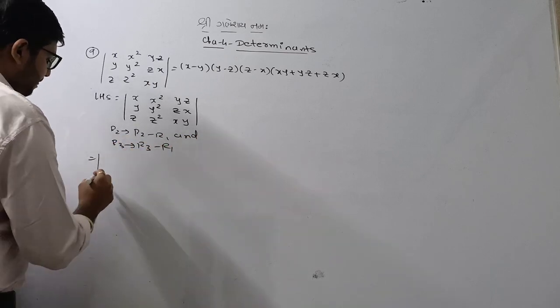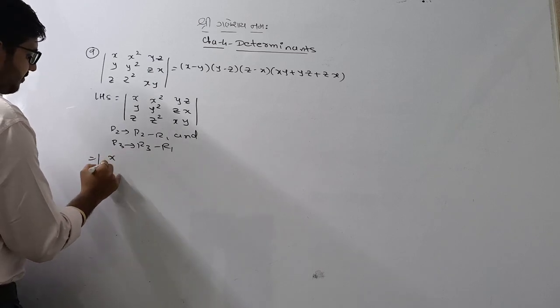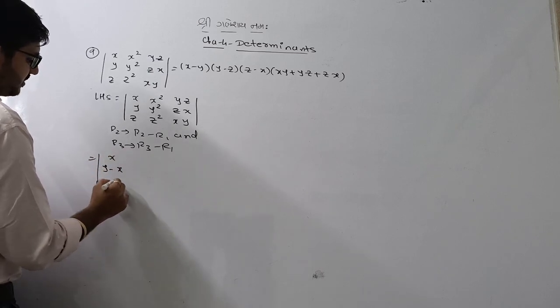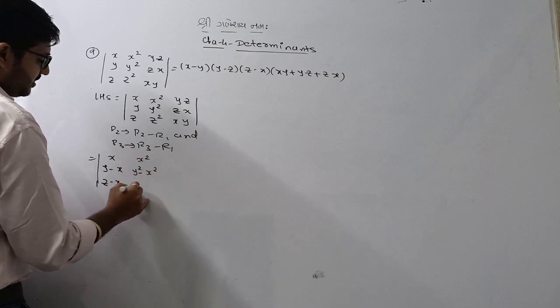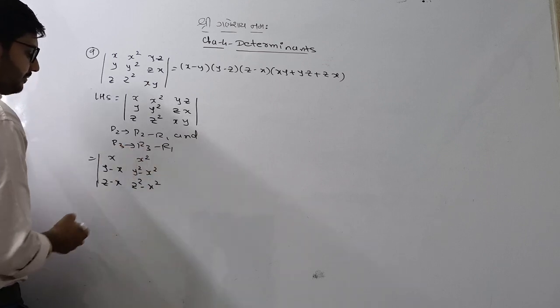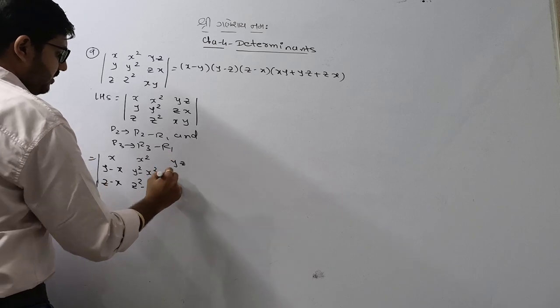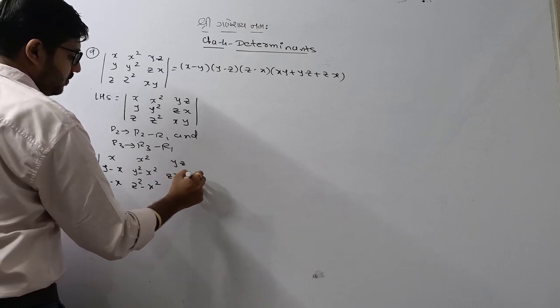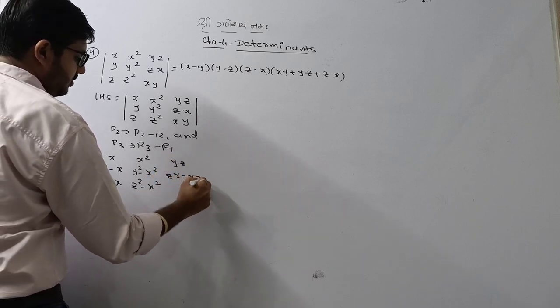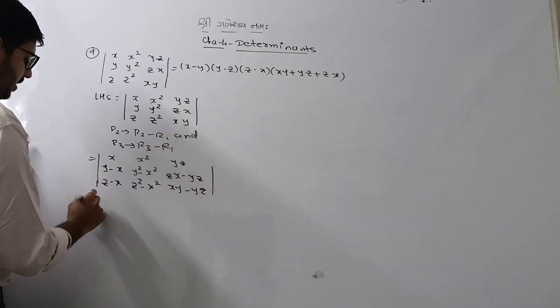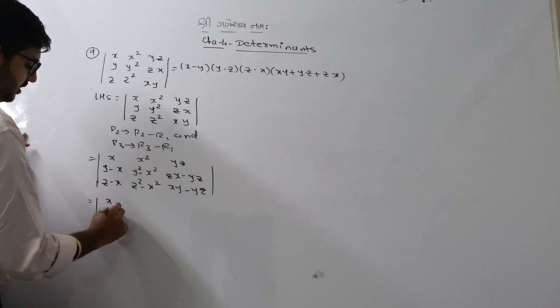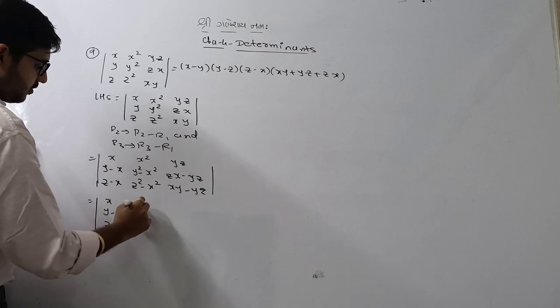The reason is, if I apply this operation, then I will get x, y minus x, z minus x; x square, y square minus x square, z square minus x square; and here yz, it's zx minus yz, and it's xy minus yz. Now by using this, you just give expansion in the determinant only.